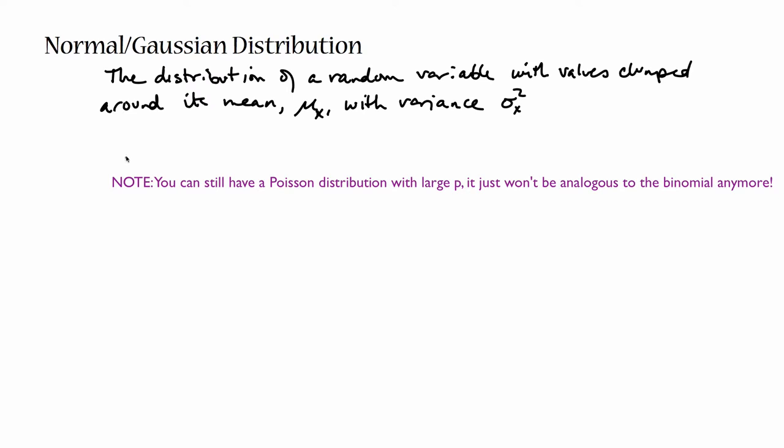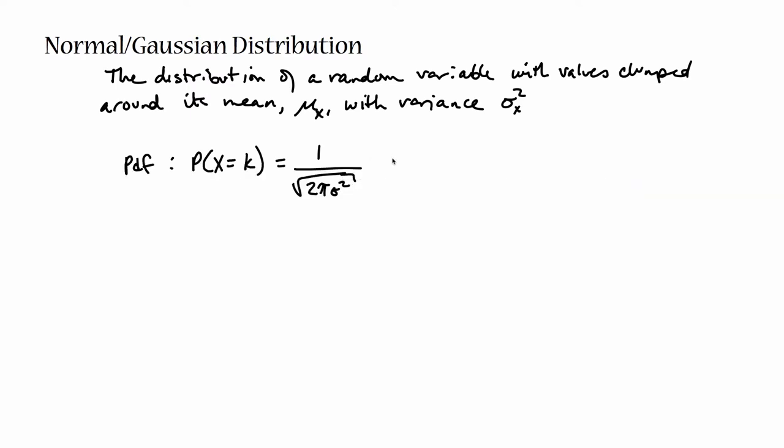So the probability density function, the probability that the random variable is equal to some value called k, is actually given by this huge big ugly thing: 1 over the square root of 2 pi sigma squared times e to the negative (k minus mu) squared over 2 sigma squared.